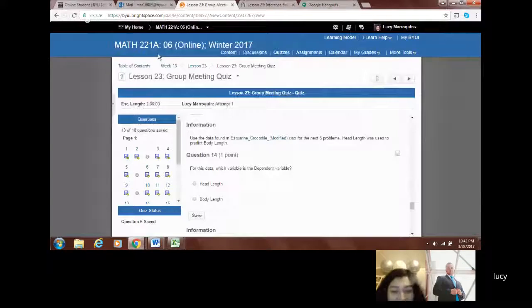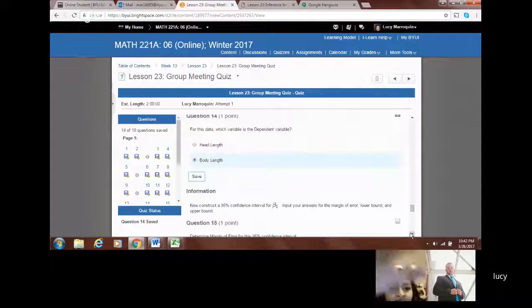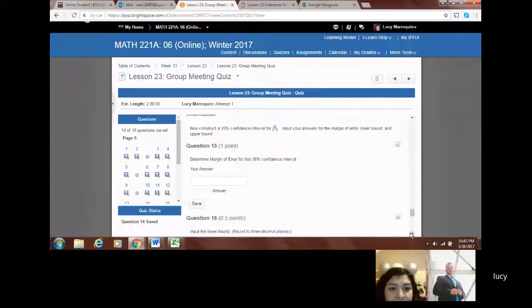Constructed 95% interval. So the fourth thing is body length, E. Yeah, it's body length.